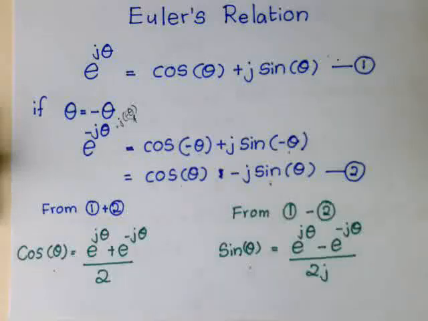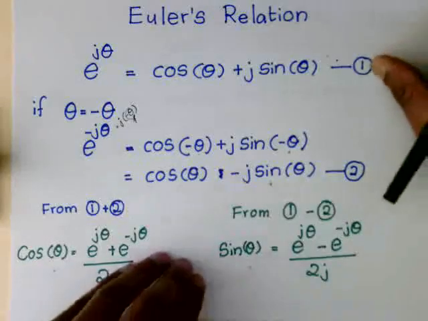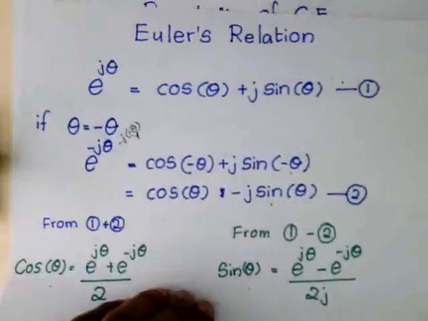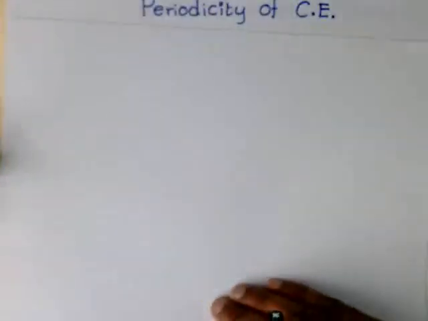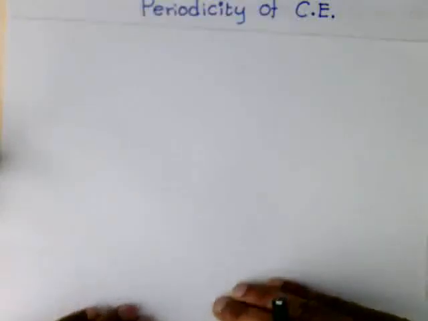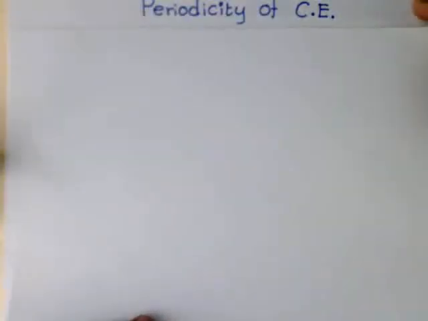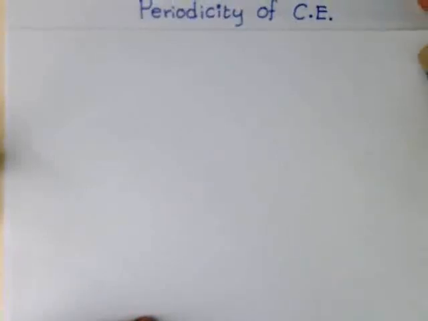We need to prove and convince ourselves that it is really periodic. So let's try to do that. I'm going to use a shorter term, complex exponential, or CE. We are looking at the periodicity of the complex exponential.